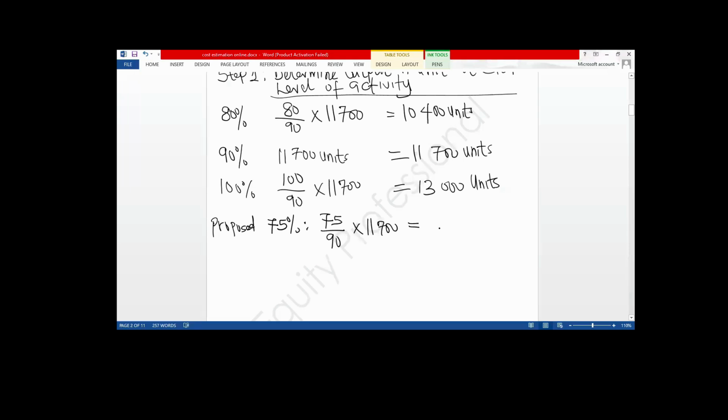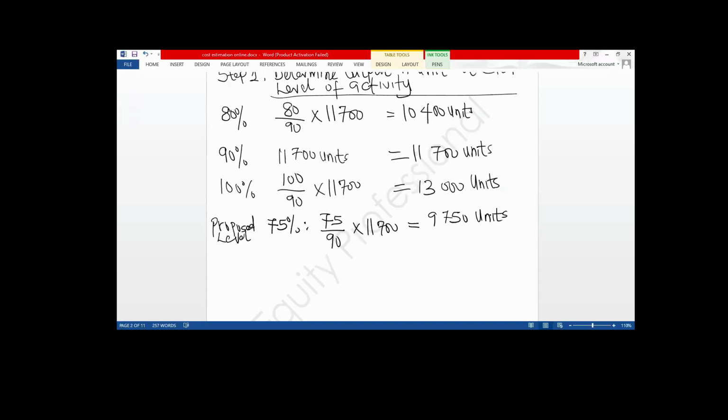What is the output, please? 9,750. Thank you. So you have been able to derive the units produced at the various levels of activity. That will be your step number 1.